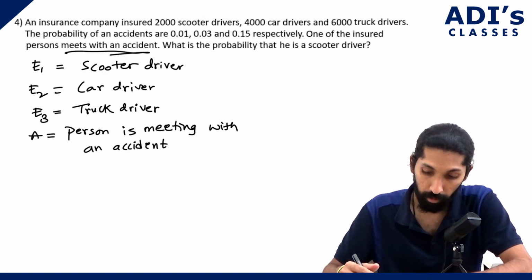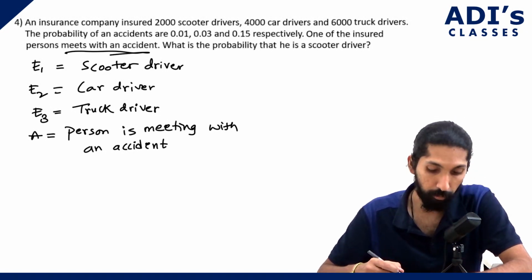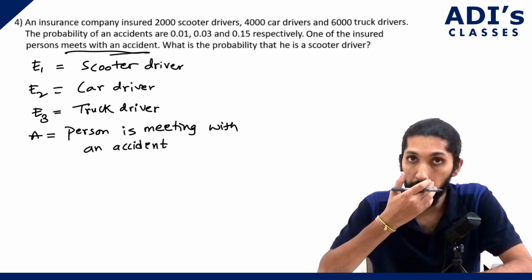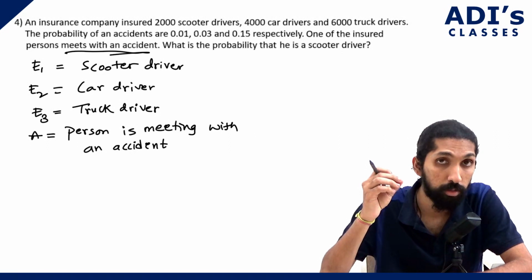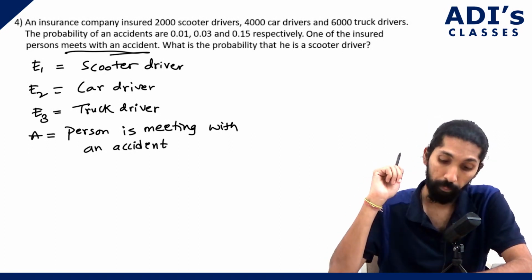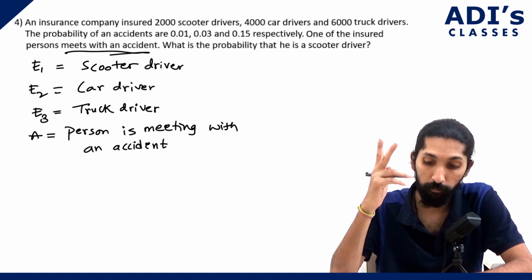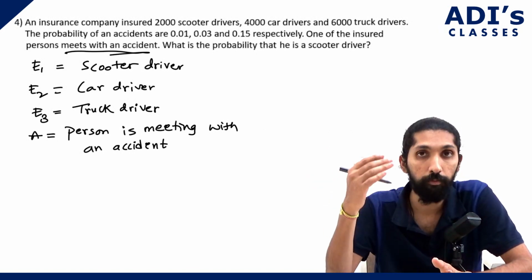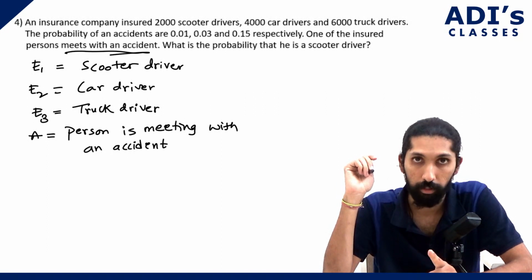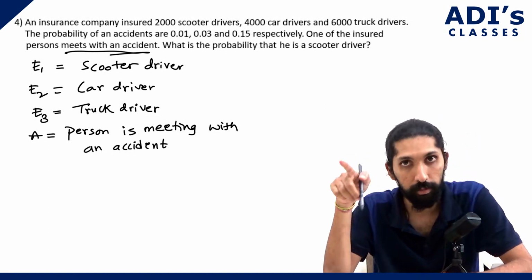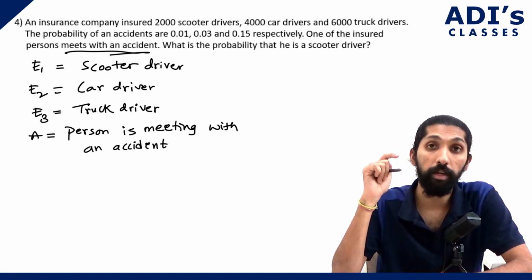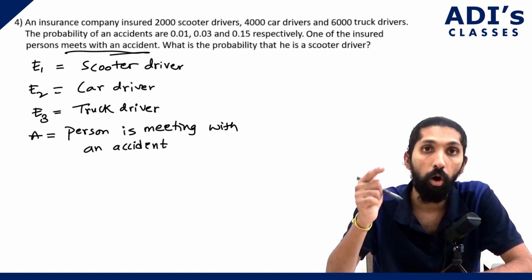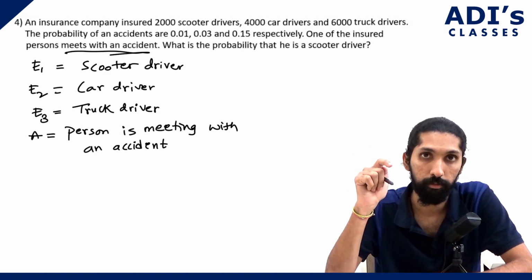Okay, now let's do the probability. Let's do the math. Now, see, the question says the probabilities of the accidents are this much, right? Now, what is the probability that you are choosing a scooter driver? Look at the question. The company insured 2,000, 4,000, 6,000 people. Like in total, don't you think you have 12,000 people? Correct? 2,000 plus 4,000 plus 6,000. So in total you have 12,000 people, of which 2,000 are scooter drivers.